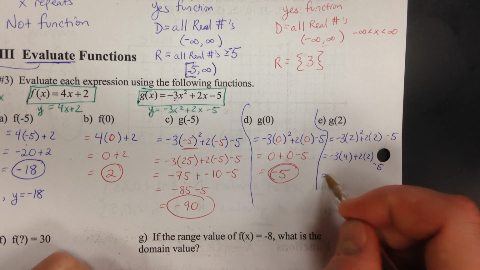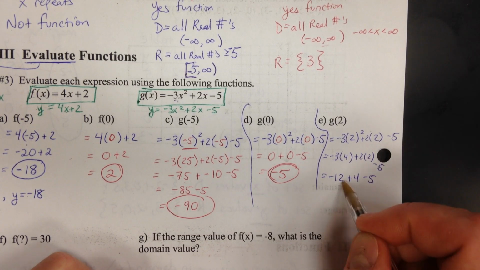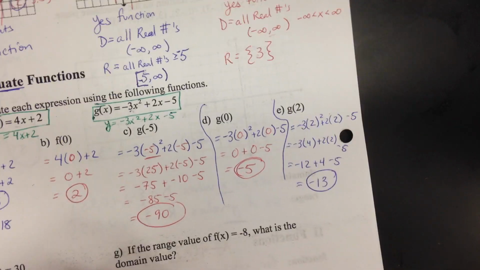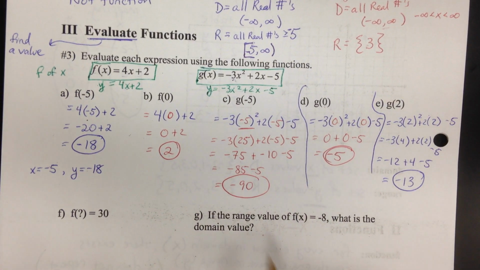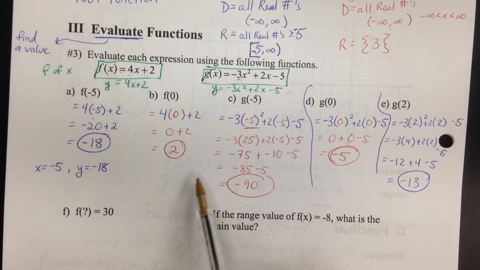Negative 3 times 4 is negative 12. 2 times 2 is 4, minus 5. And if we add this up, this is negative 8 minus 5, and we get negative 13. So all you're doing here is plugging numbers into the function for x, and working it out.